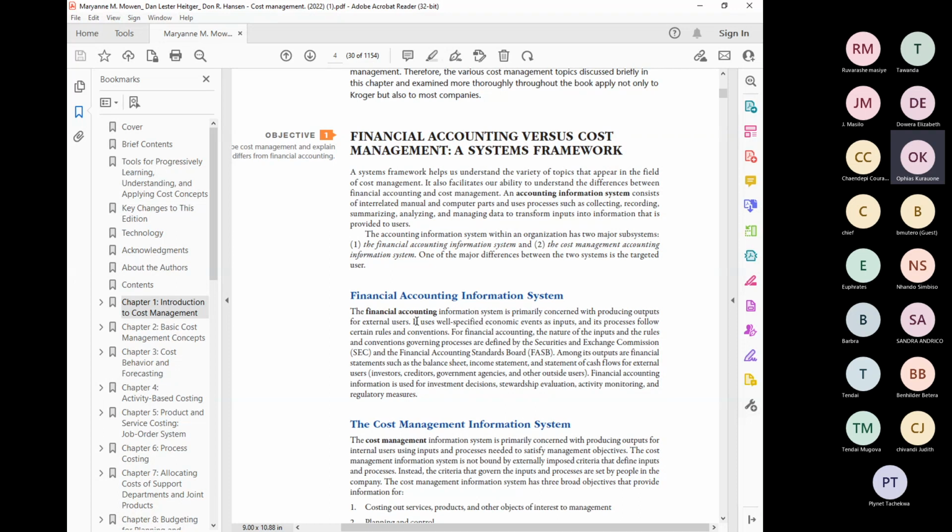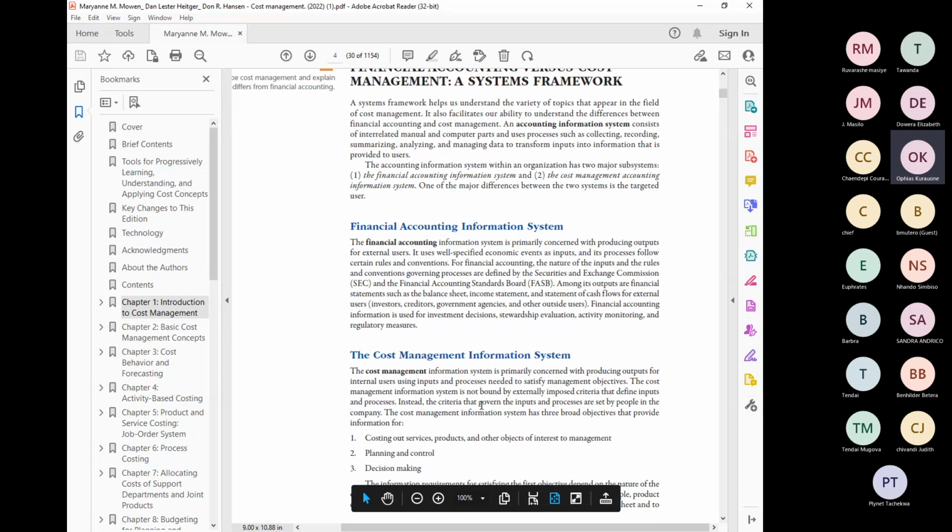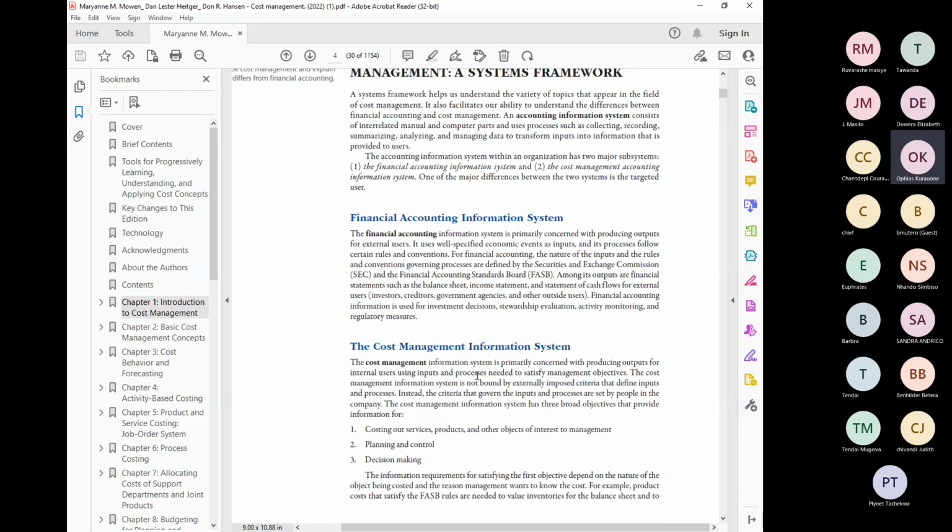For example, when you are preparing statements, you are supposed to use IAS 1, a cash flow statement, IAS 7, all those standards which we have knowledge about. So what we should know is that, before that, the entity should have the cost management system.